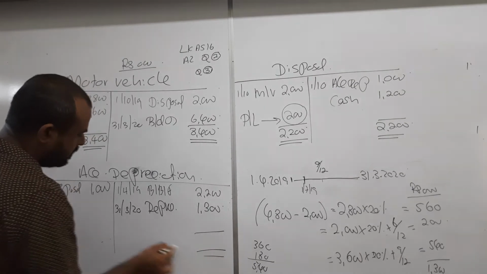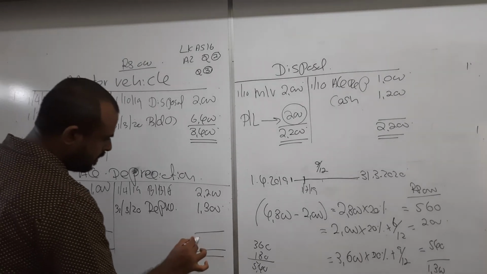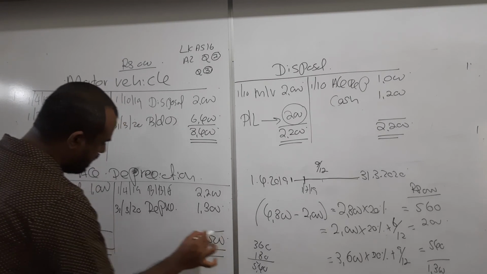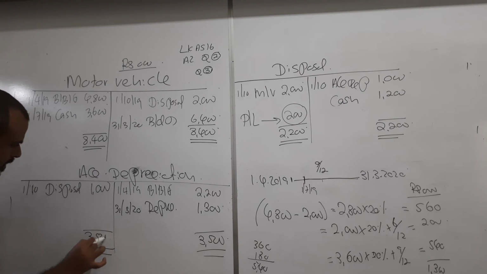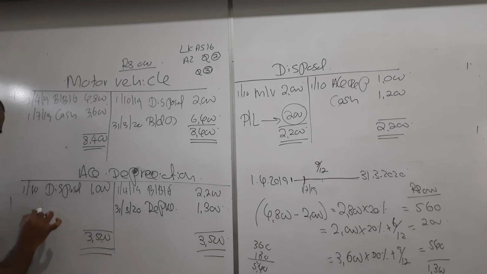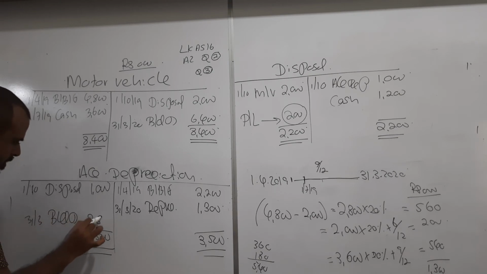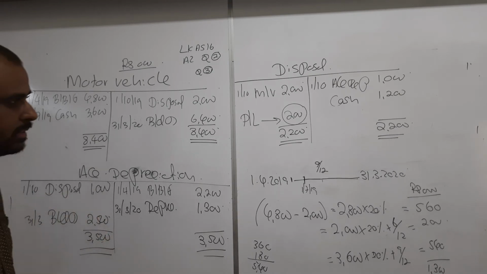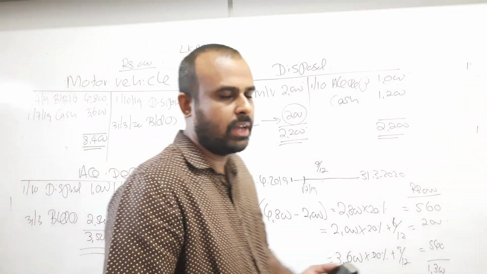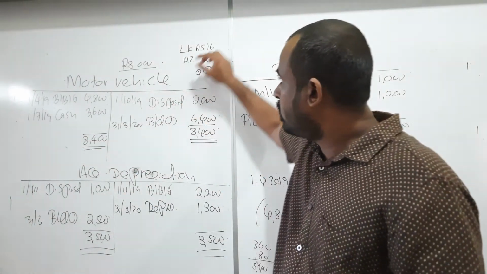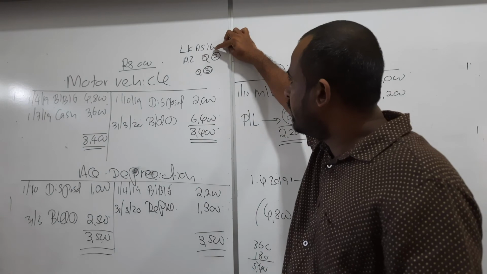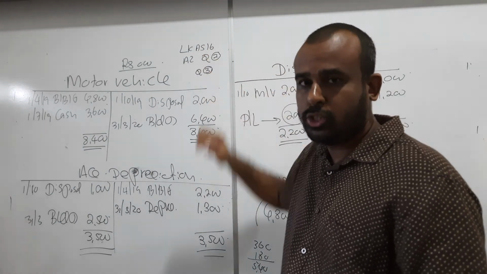Accumulated depreciation 3,500,000, 31st March, balance carried down 2,500,000. Right. Disposal gain or loss we have already done. Right. So this is about additional question paper number 2, question number 3.